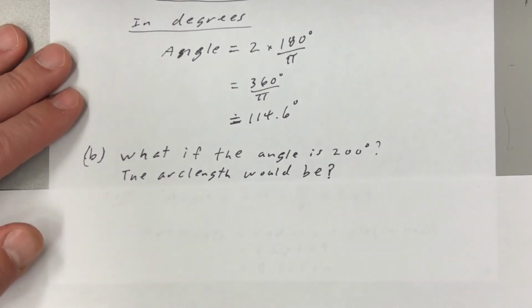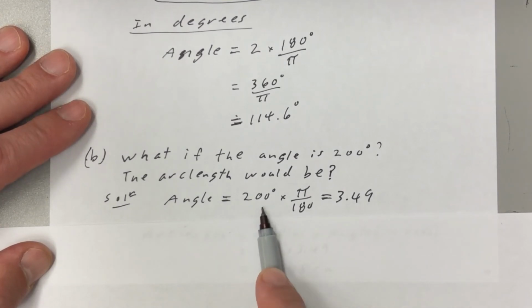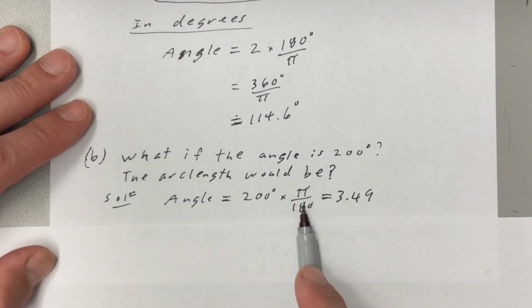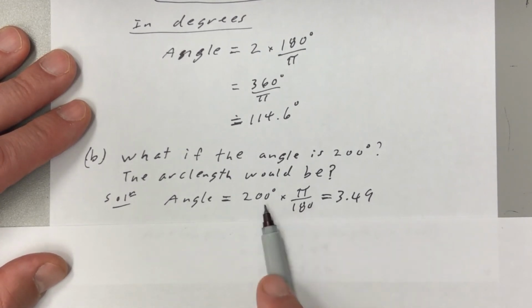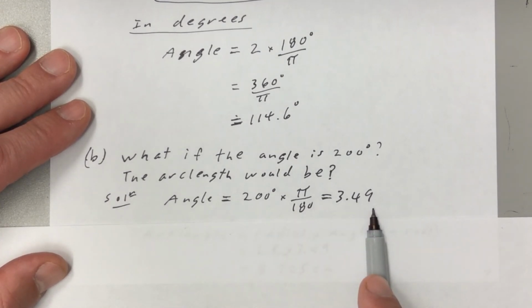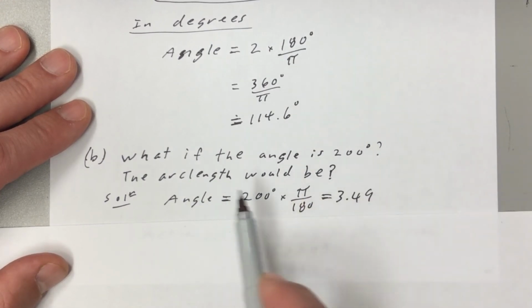So the angle in radians is going to be 200 degrees times pi over 180. That's our conversion to go from degrees to radians. So it's 3.49 radians. That tells us that there are 3.49 radii in 200 degrees.